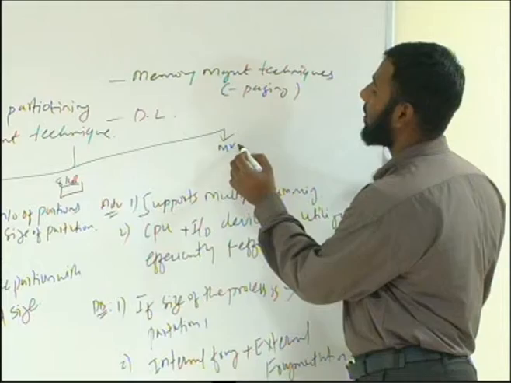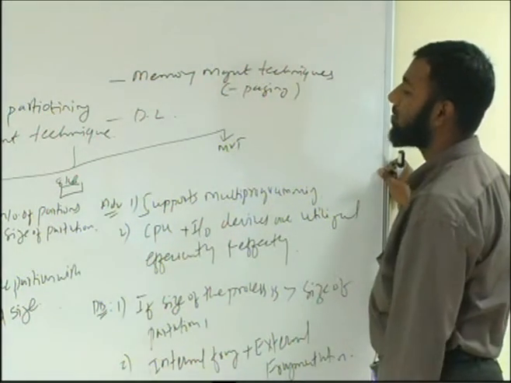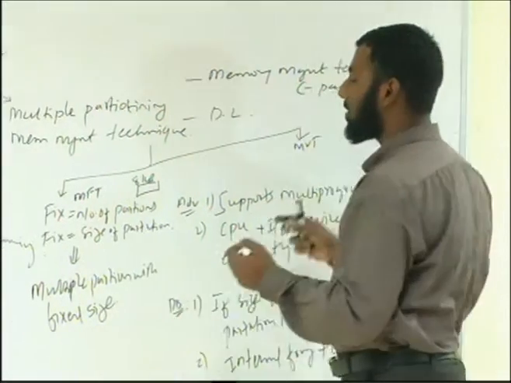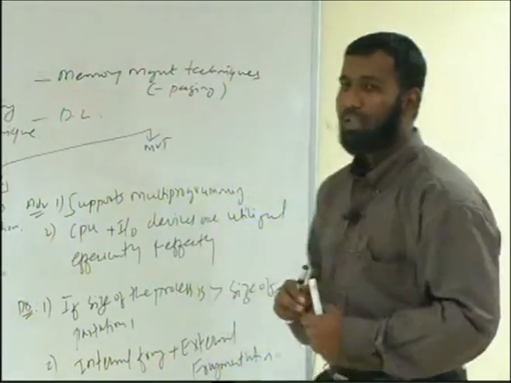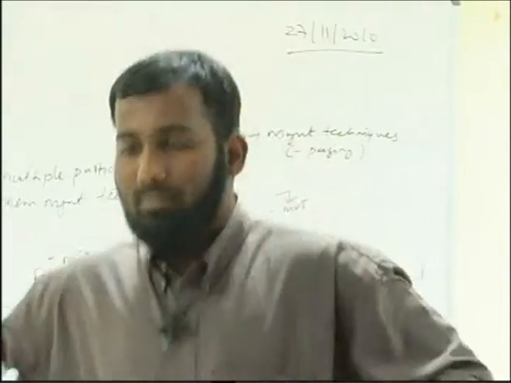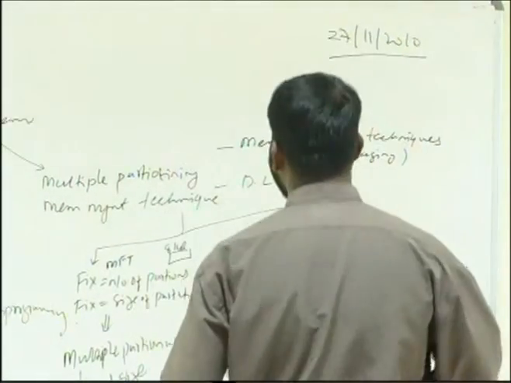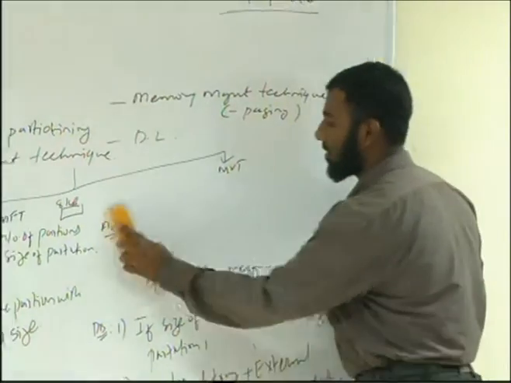We call it MVT, multi-programming with variable number of partitions, and we call the earlier one MFT, multi-programming with fixed number of partitions. Now, let us see what this is.